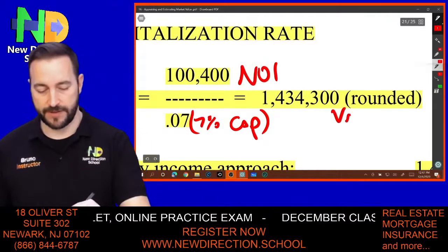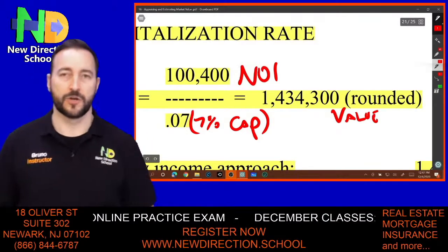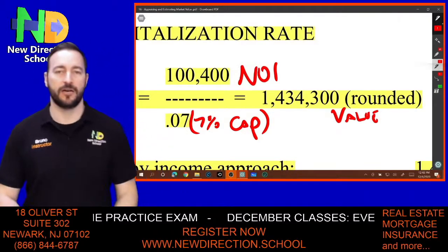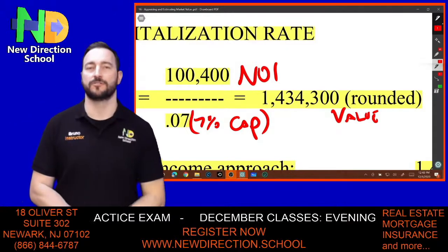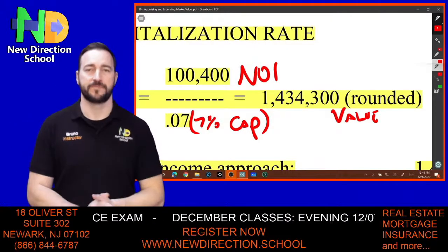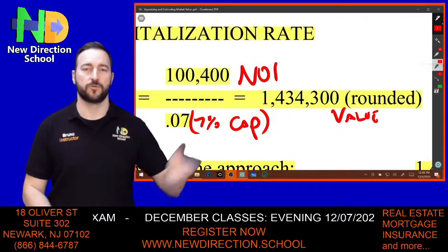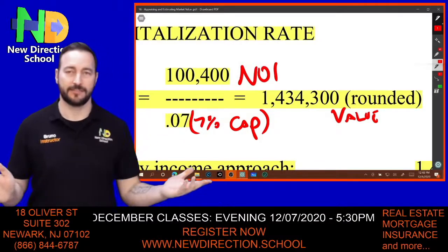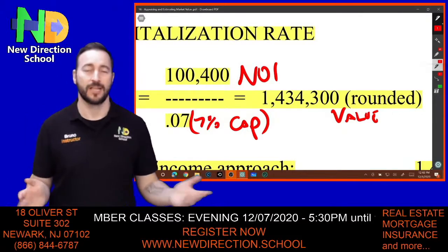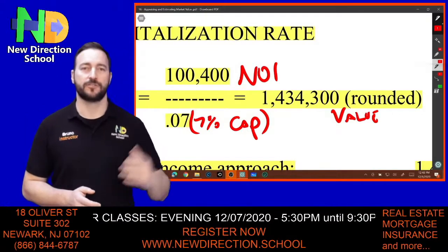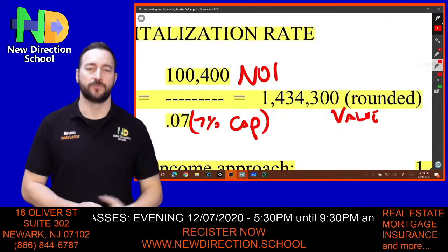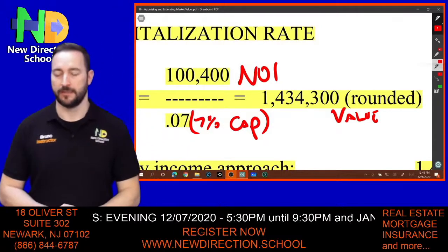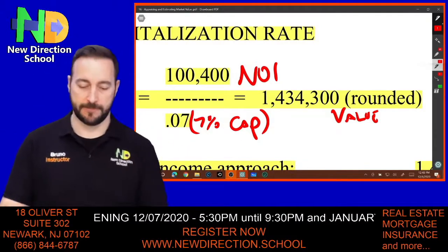So this is the value. So a property, guys, in this area, a property that brings $100,000 every year, clean, is worth 1.4 million. Okay, that's a calculation. A property that brings $100,000 net is worth 1.4 million if we assume a cap rate of 7%.